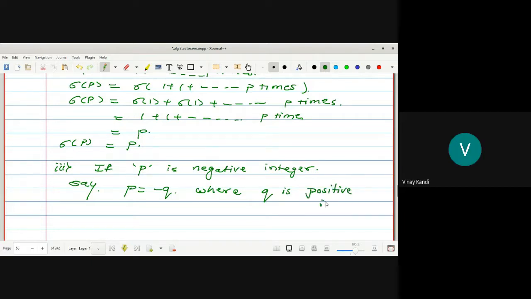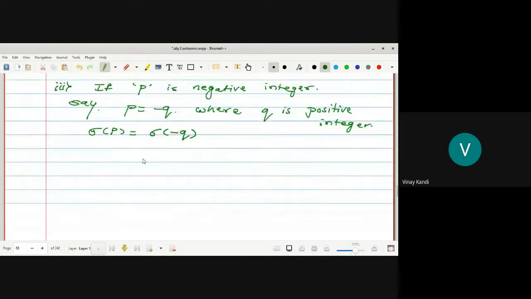Now sigma of p is equal to sigma of minus q, which is equal to sigma of minus 1 plus minus 1 plus up to q times, which is equal to sigma of minus 1 plus sigma of minus 1 and so on.